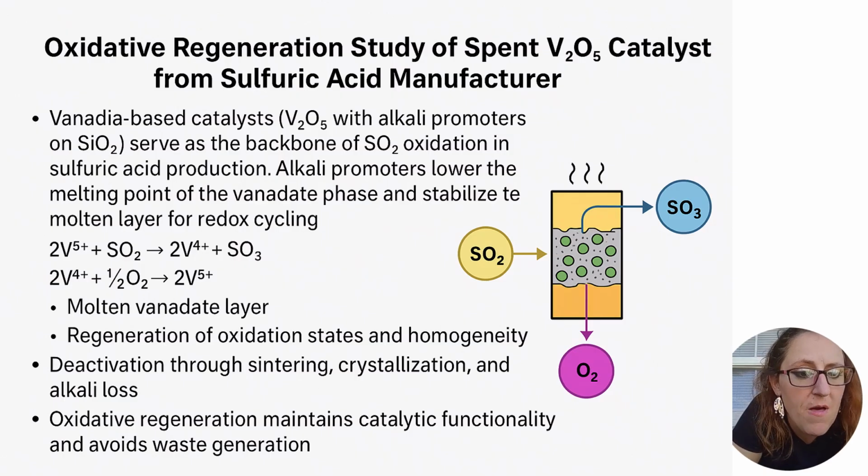Therefore, optimizing oxygen partial pressure, catalyst surface energy, and temperature profiles are key to achieving maximum conversion efficiency without deactivating the active vanadium centers. The rate of SO2 oxidation follows a Langmuir-Hinshelwood type model. This rate law shows that the temperature and gas composition directly control surface coverage and oxygen transfer.